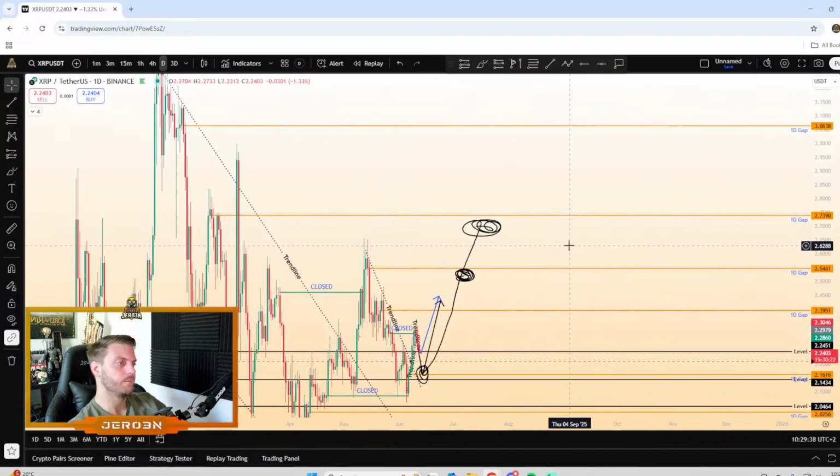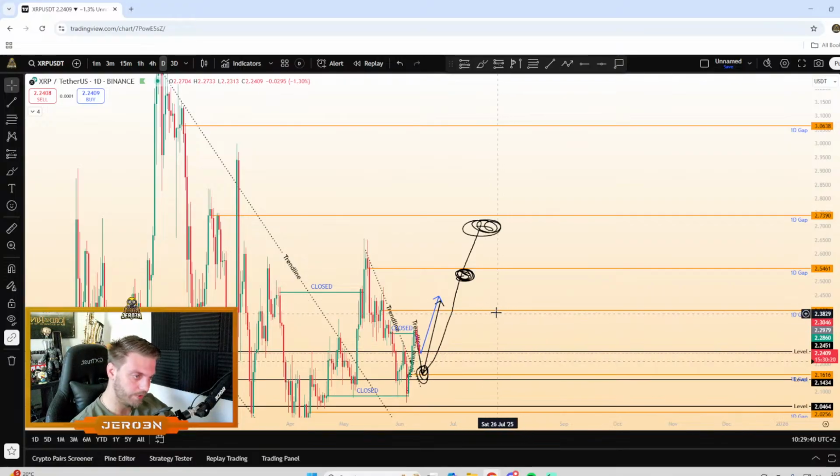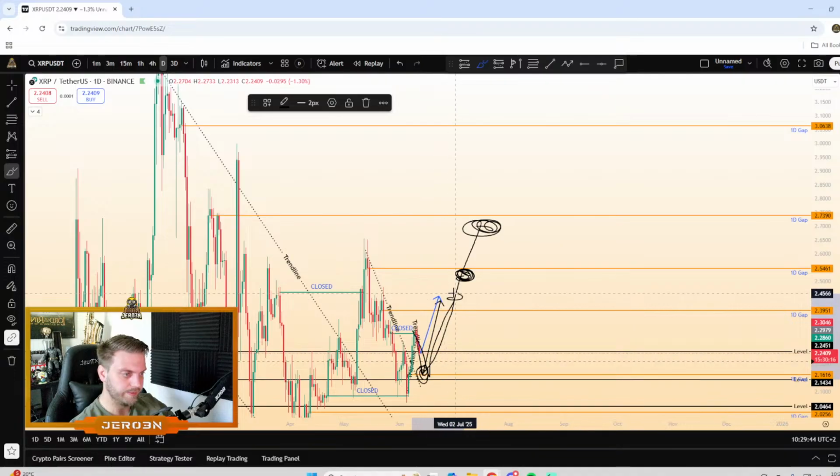Okay, so these two possibilities are there. However, we do need to push through and gain this gap.